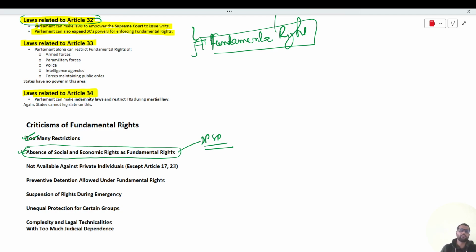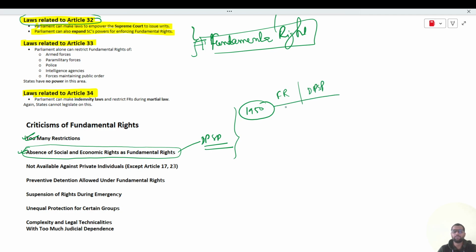And one of the justifiable reasons that was given by one of the members of the Constituent Assembly was that at the time of the enforcement of the Constitution, that is 1950, the provisions that were required, the necessity of the citizens of India, were categorized into two categories: the fundamental rights and DPSP.